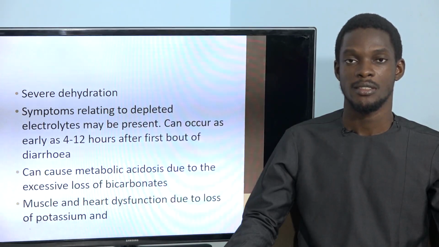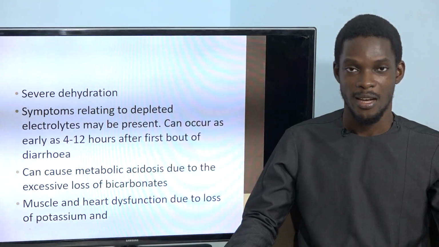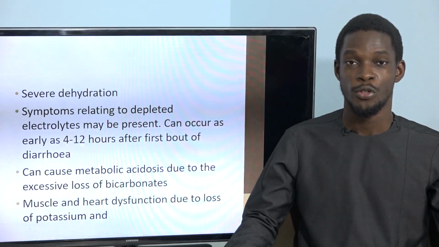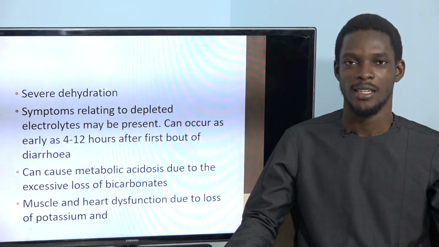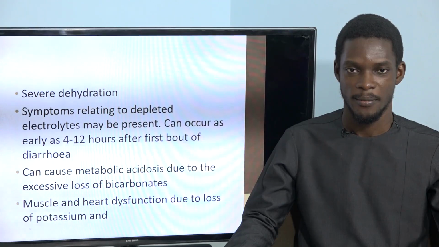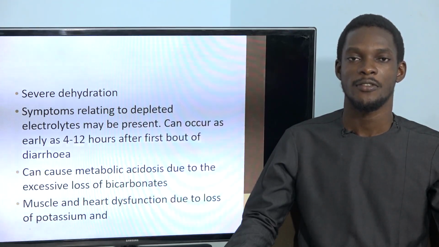If you remember your acidosis lectures, in metabolic acidosis, you lose a lot of bicarbonates, and therefore, due to the loss of bicarbs, you have metabolic acidosis. You also have muscle and heart dysfunction because of the excessive loss of potassium.